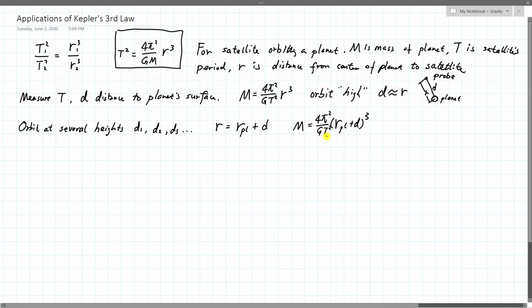So let's actually use the original form, say t squared equals 4 pi squared over g m, times r planet plus d, cubed.